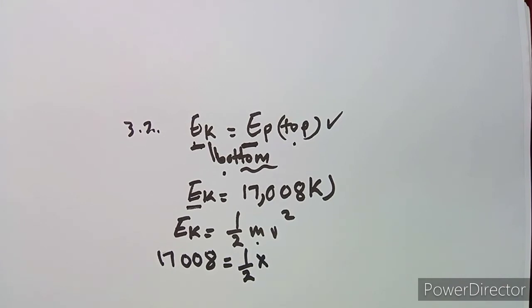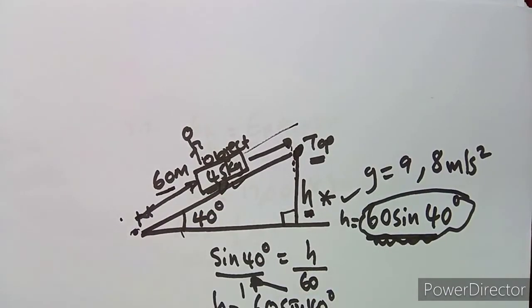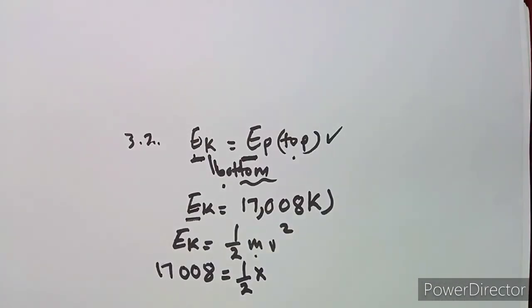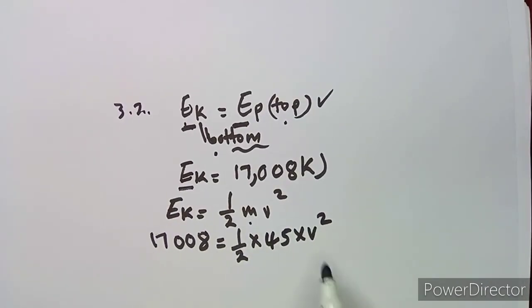Remember the mass that we had, guys, was 45 kgs. This is the mass of the man here. So it's half times 45 times v squared. You want to calculate the value of v, so you can perform your mathematical skills.